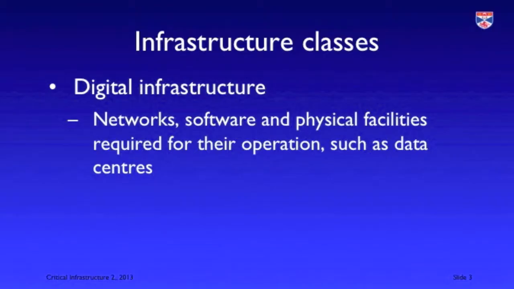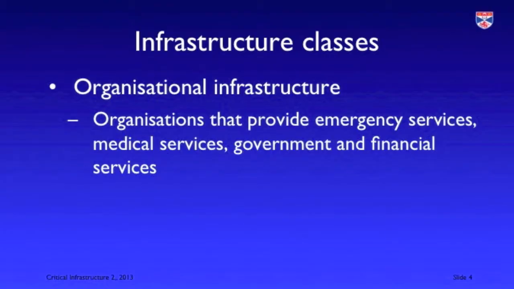The digital infrastructure is essentially comparable things for our digital services. It's the networks, it's the computers and data centres that we use to deliver the digital services to the nation. And the organisational infrastructure are the organisations which we need to have a functioning society: government, emergency services, medical services and financial services.